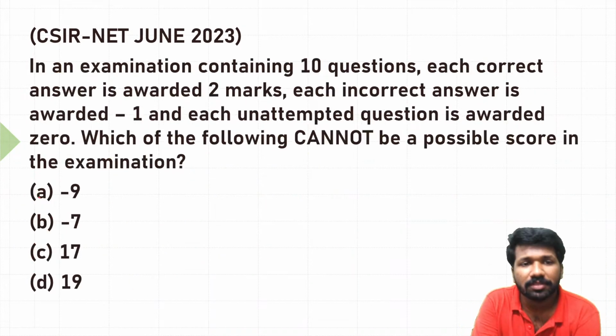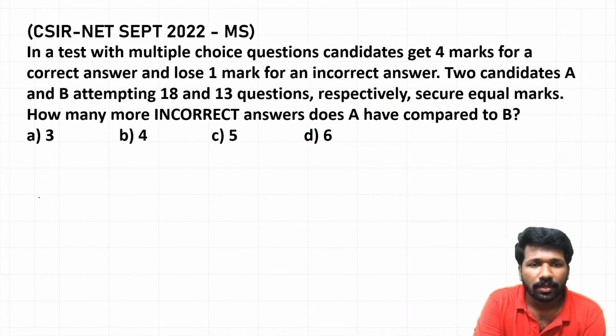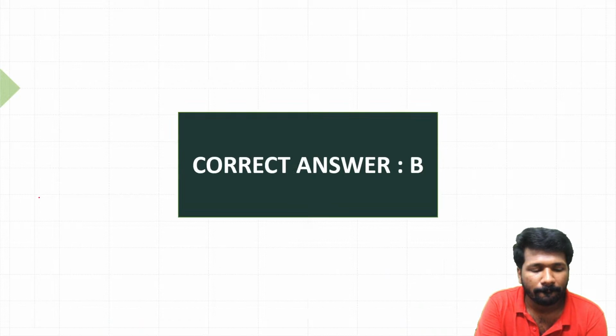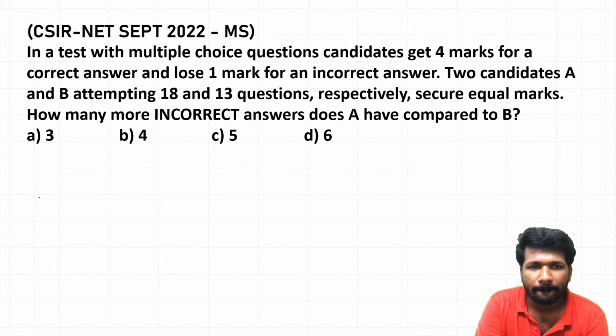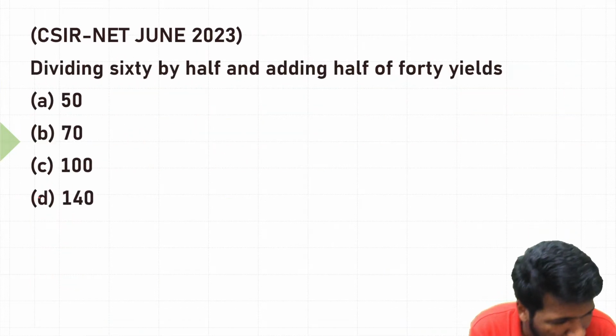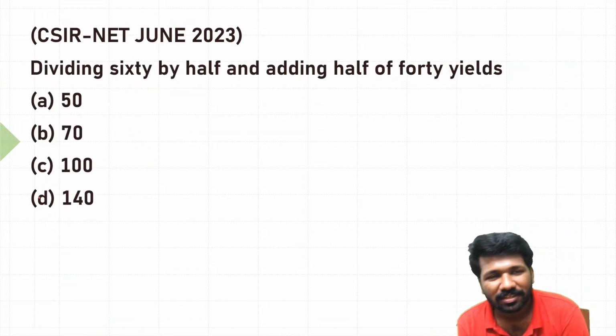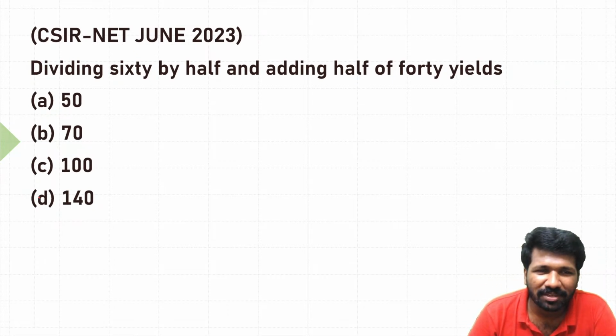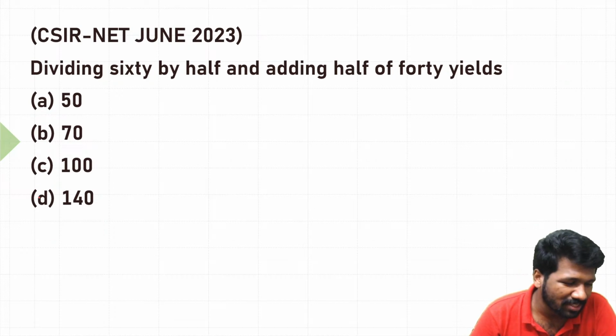If there is any doubt, please mention. I'll show you one more variety of question. This is a very good question, simple but very good. Here also an unknown is asked, but just a simple sentence is used to ask the question.